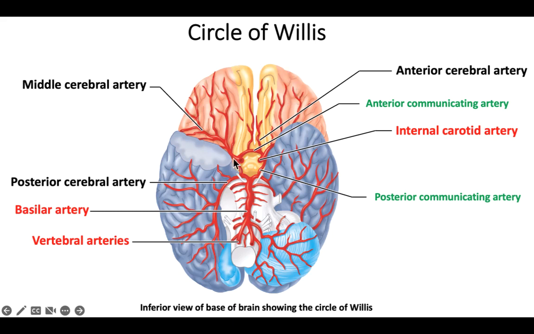So the anterior cerebrals are going to supply most of this area here, kind of shaded in yellow. The middle cerebrals are going to supply more of this area, shaded in kind of a pink color. And then the posterior cerebrals are going to go to this part of the brain. All right, so this is blood flow to the circle of Willis and then from the circle of Willis to the brain.